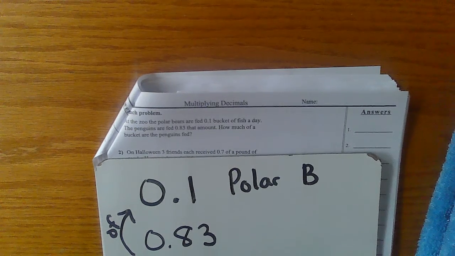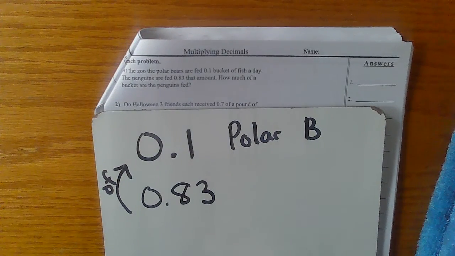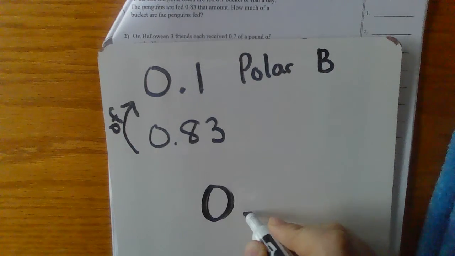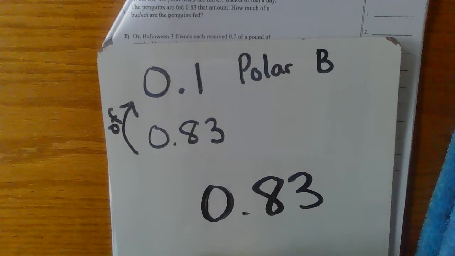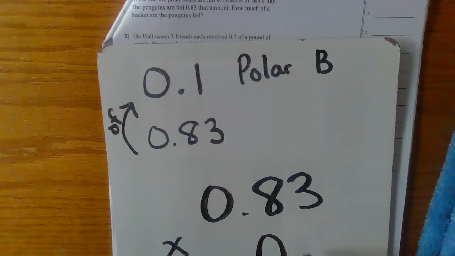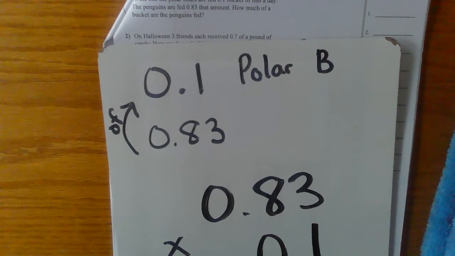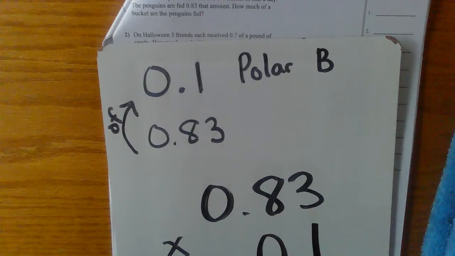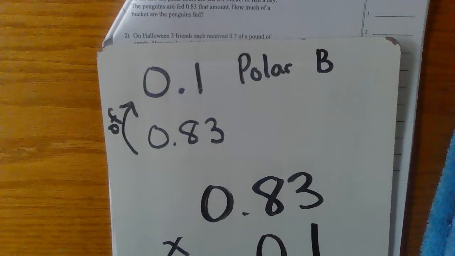So what we're going to need to do is multiply, because when we say "of," we're multiplying. I'm going to put my number with the most digits on top. And remember, when you're multiplying, you really just do the regular multiplication and then worry about decimals. I know I'm just going to get 83 again because I'm just timesing it by 1.